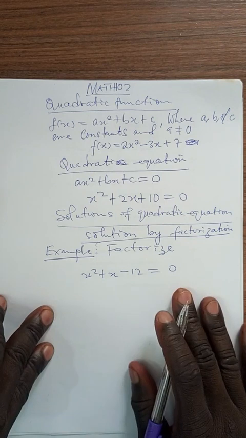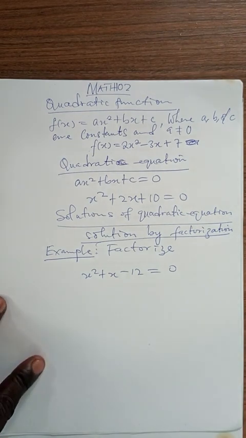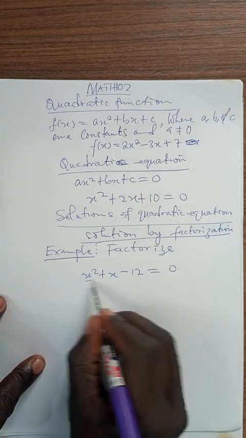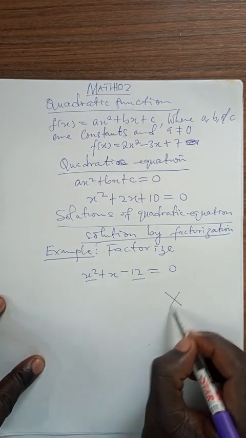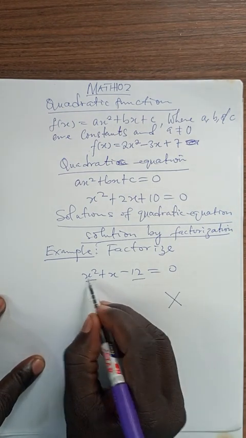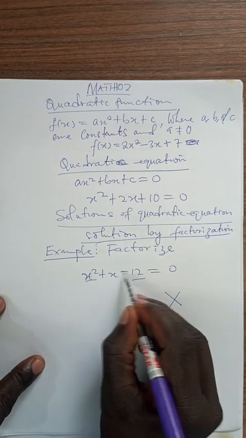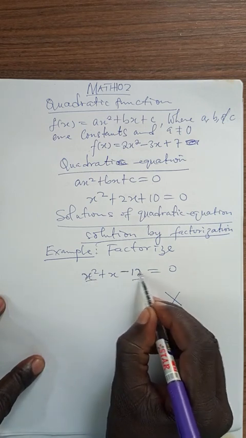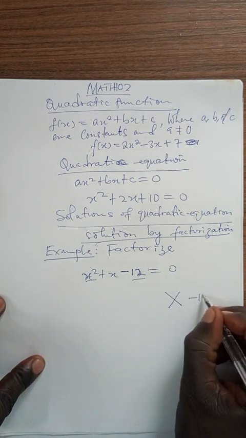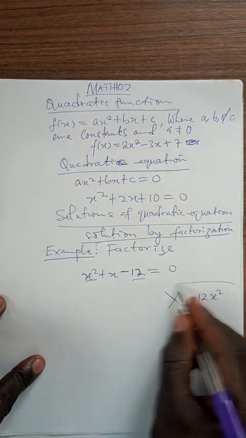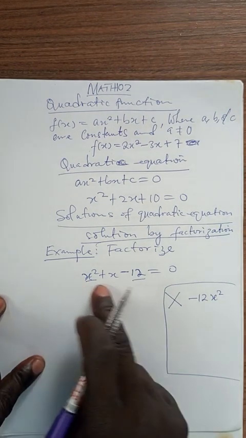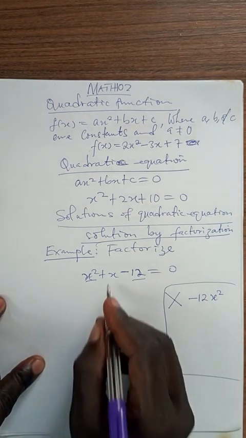Now to factorize a quadratic equation, we look at the first and the last term. So we take the product of the first and the last term as x squared times minus 12, so you will have minus 12x squared. And look at the middle term. It is plus x.